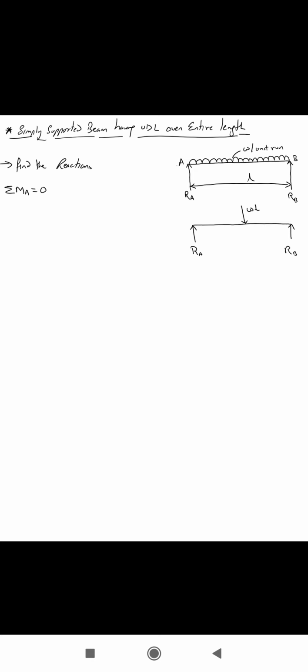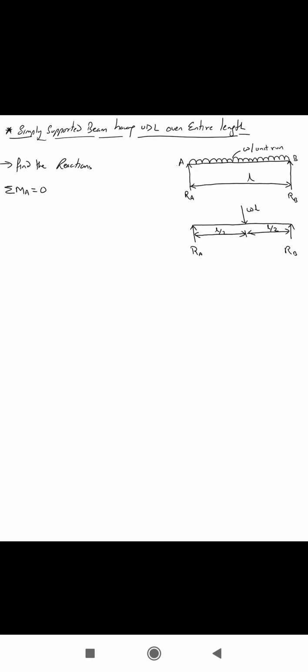So it is WL, this is the point load, and it will act at a distance of L by 2. So if you look at the problem now, this problem has been converted into a specific problem, which was the one which we had for the point loads. But the only difference is that over here we have the load distributed over the entire length, right? So first we'll find out the value of RA and RB.